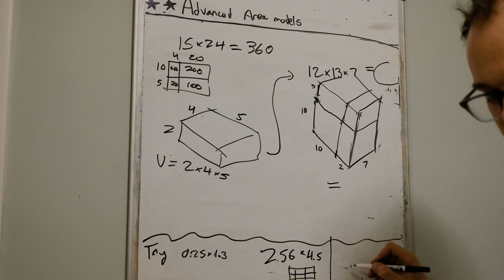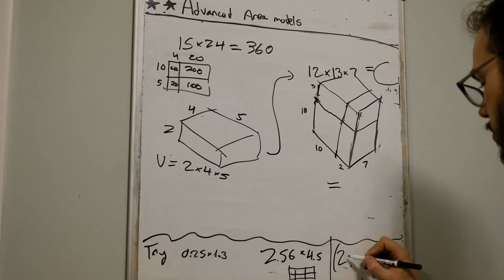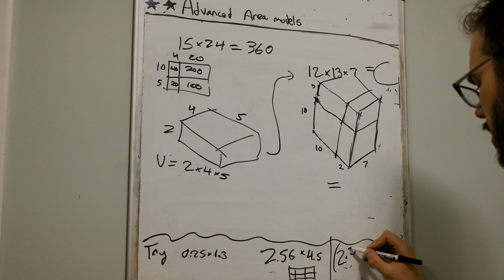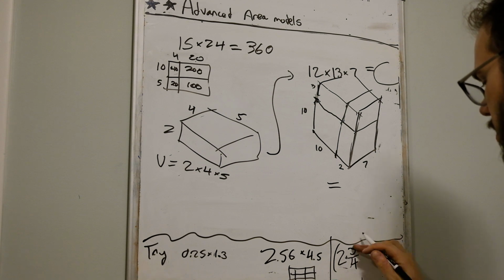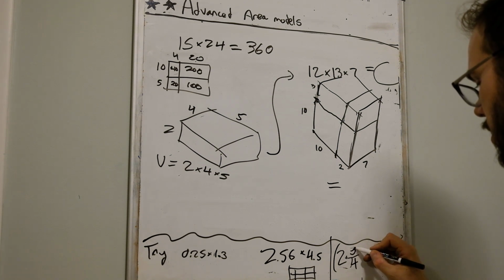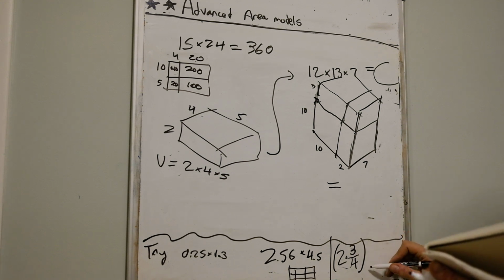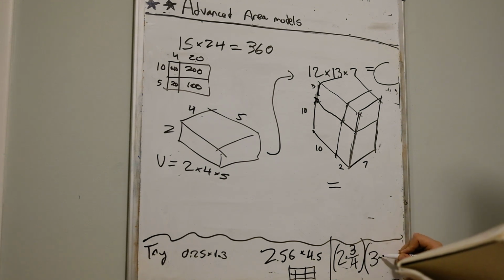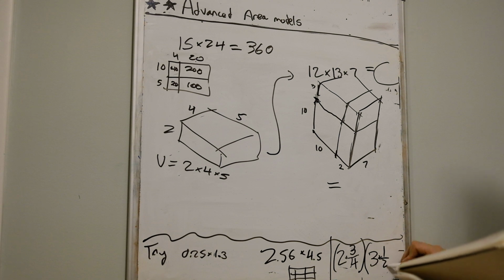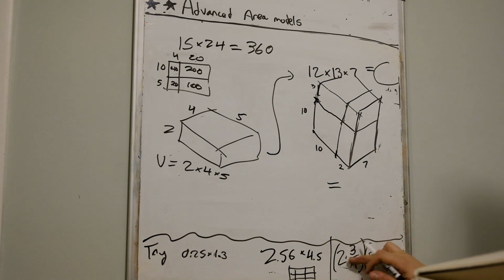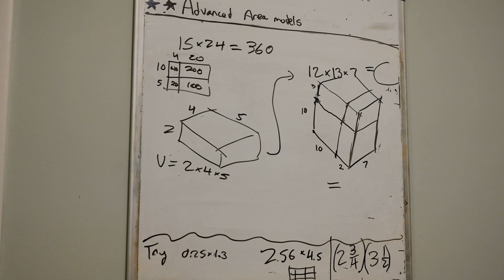Or maybe you could try 2 and 3 quarters times 3 and a half. You could try these, and they're a good neuron builder.